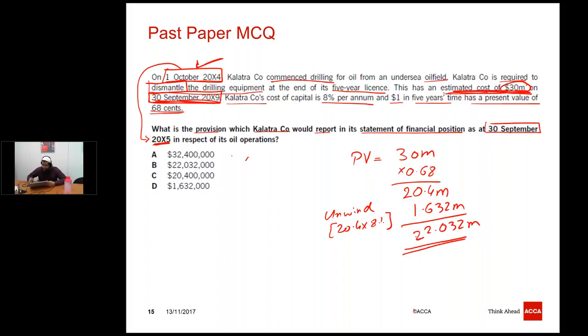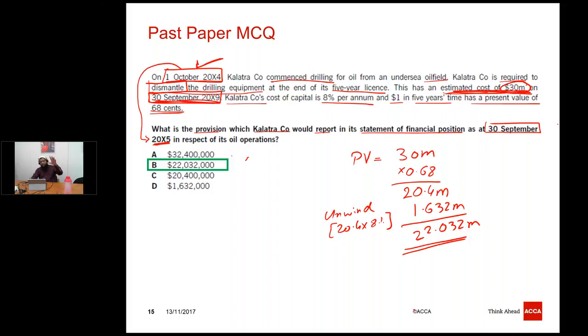So your answer is B, $22.032 million. This is the provision that should be recorded. Nazia, it's not D. You have to add the unwinding to the provision, not deduct it. Okay, thank you everyone for informing the values. So the answer is B.